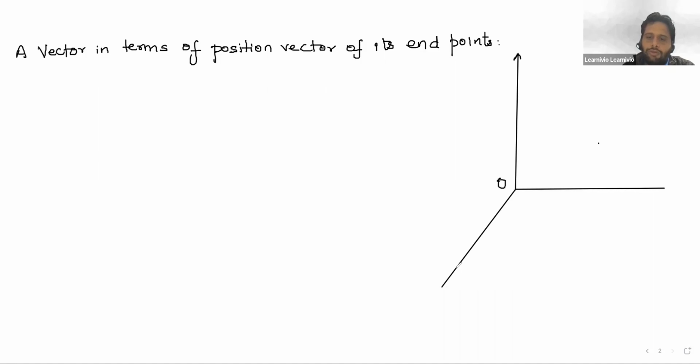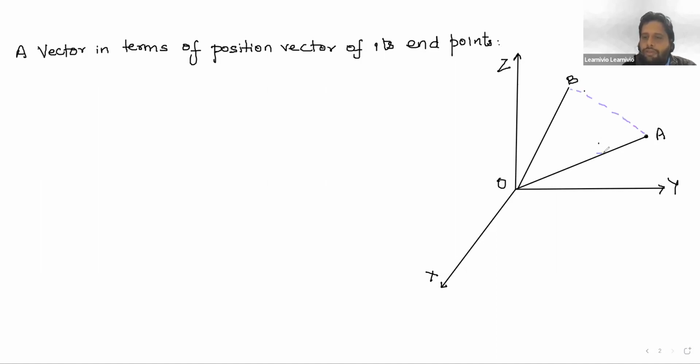This is the origin, this is X, this is Y, this is Z. Now, suppose we have 2 points A and B. We have to find vector AB.